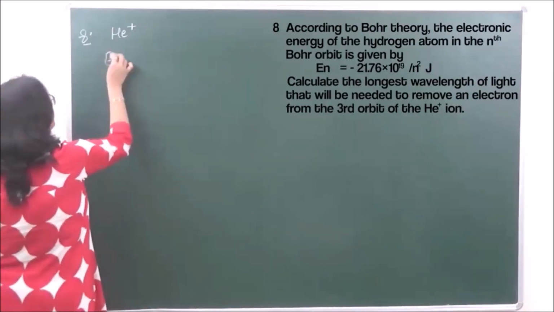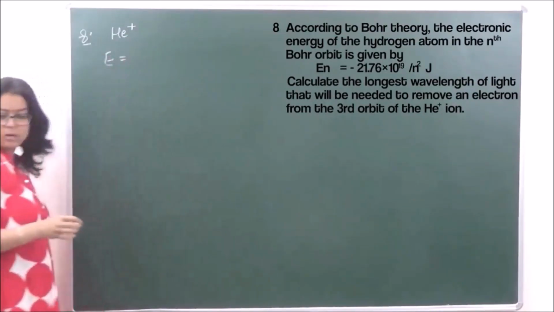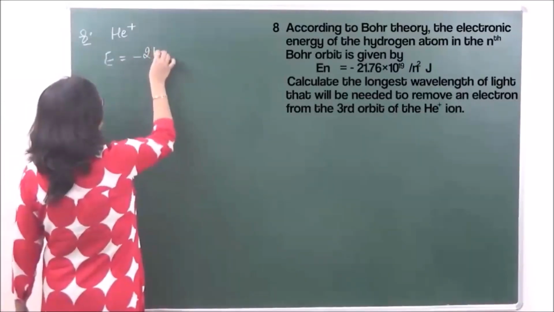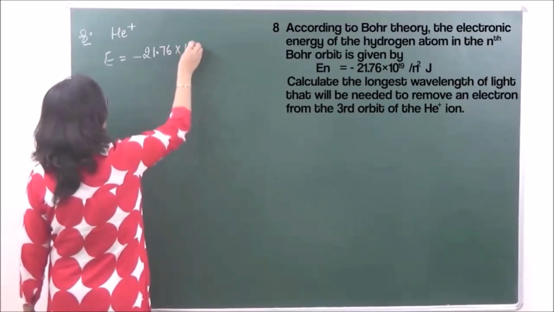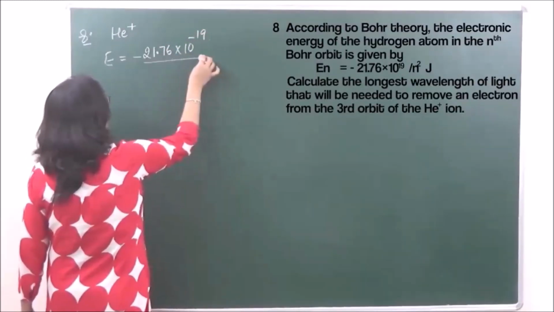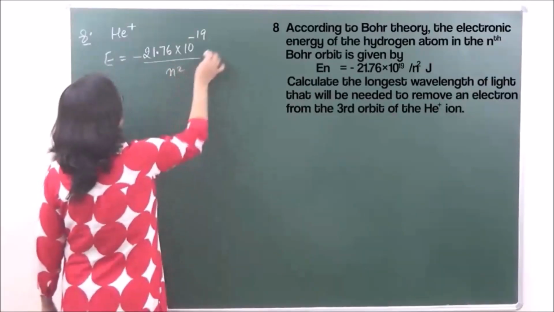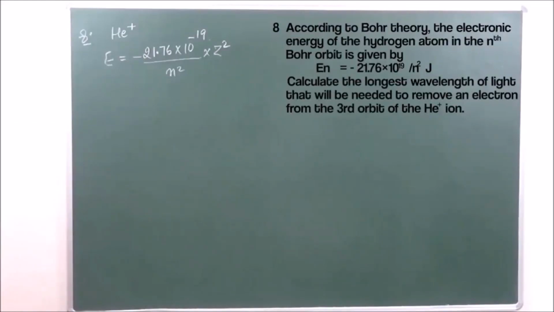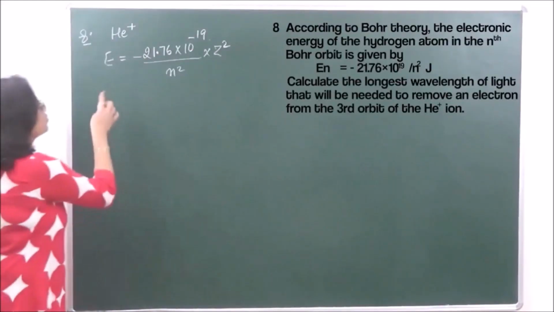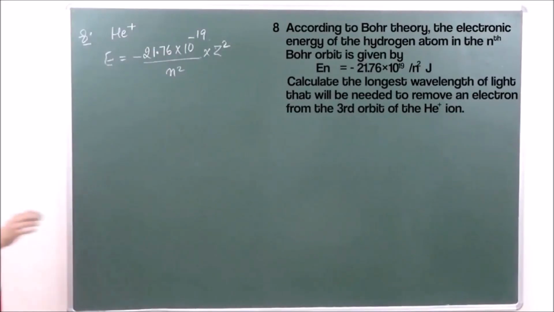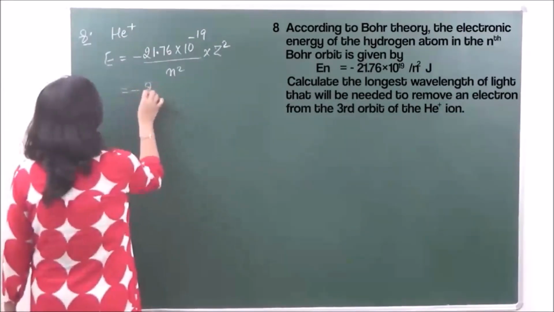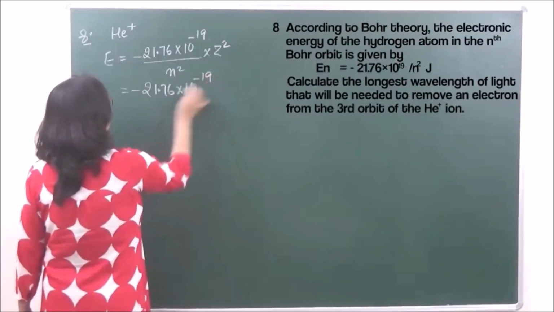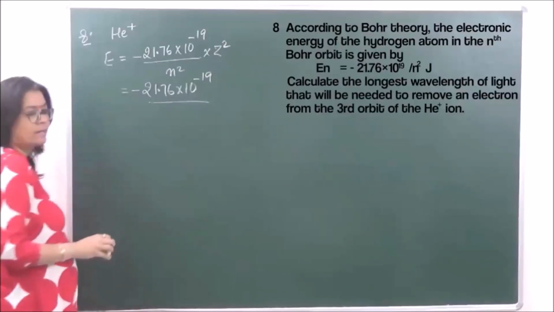So E will become equal to minus 21.76 into 10 raised to power minus 19 upon n square into z square. Let's put the values. The n they have given us is the third orbit, so minus 21.76 into 10 raised to power minus 19 upon n square.